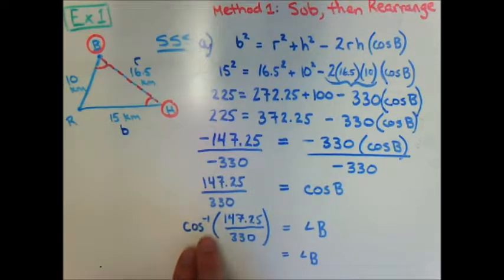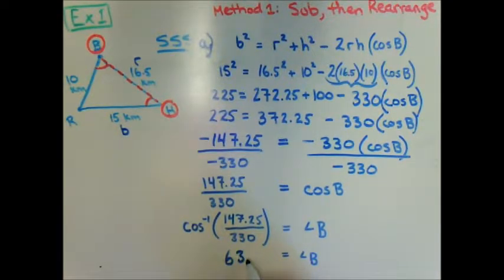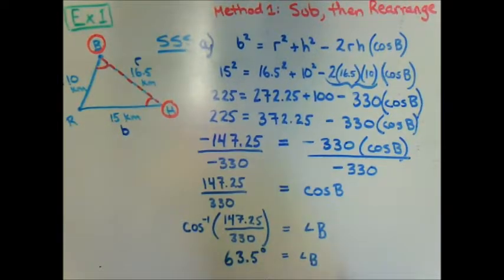Otherwise you'd just be doing the inverse cos of 147.25 and then you'd be dividing that by 330, but that's not what we're trying to do. This is the ratio, so this whole thing needs to be in brackets and you inverse cos it. You should get that the angle B measures 63.5 degrees.